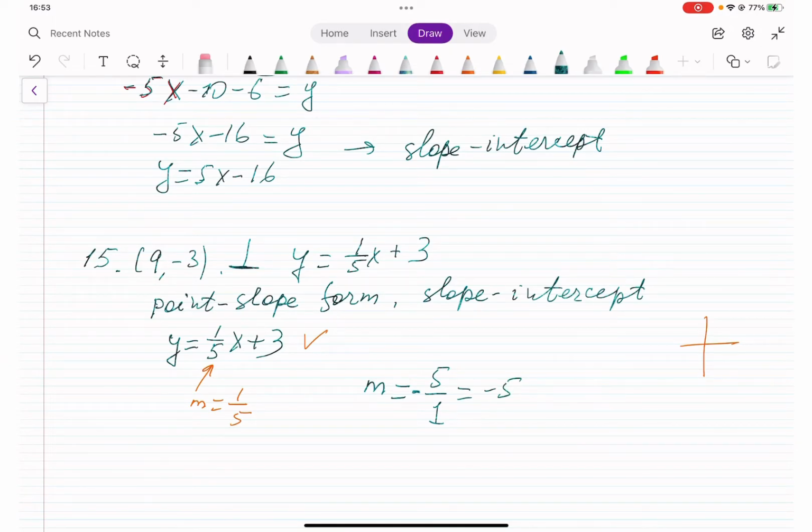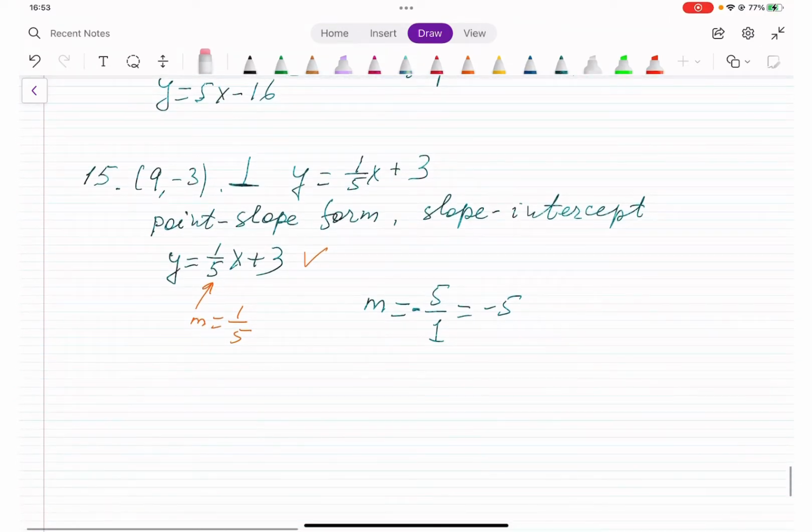So this is the slope for perpendicular lines. Okay, so we have m is -5 and the point is 9 and -3.